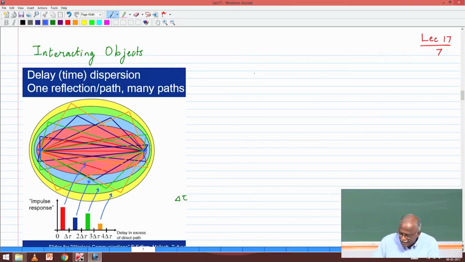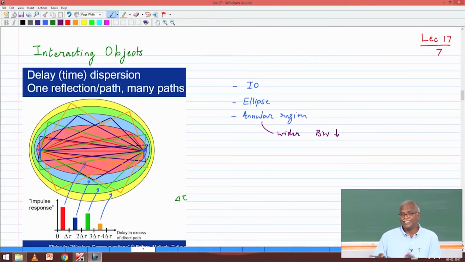Basically, you have interacting objects, and if it is a single bounce, these have to be on an ellipse, and it is not just an ellipse, it is an annular region. The width of the annular region becomes wider if the bandwidth decreases.